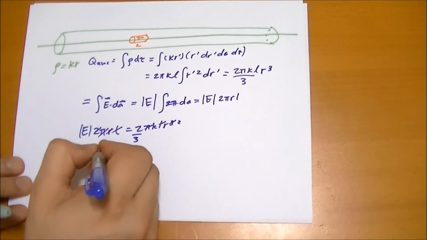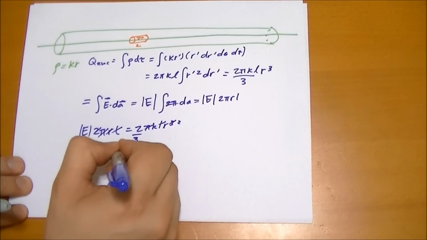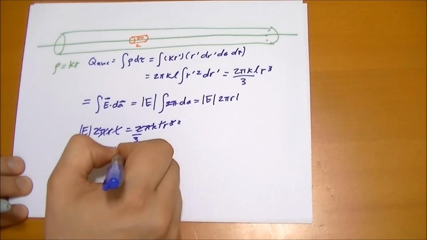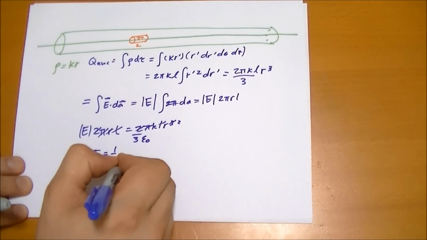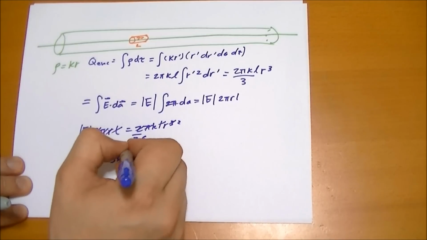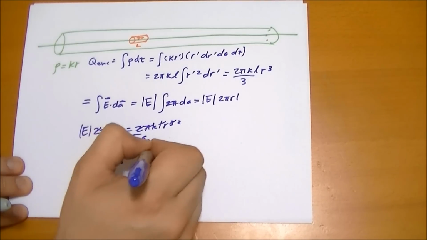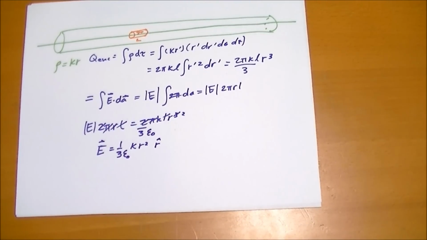So we get E. The magnitude of E is equal to, did I cancel the 2? 1/3 epsilon naught. Oh, we forgot epsilon naught at the bottom. Epsilon naught. And we have a k left over. And then we have r squared. And the direction this thing is pointing is in the r hat direction. There, we've solved it. The electric field using very simple integrals and using Gauss's law.